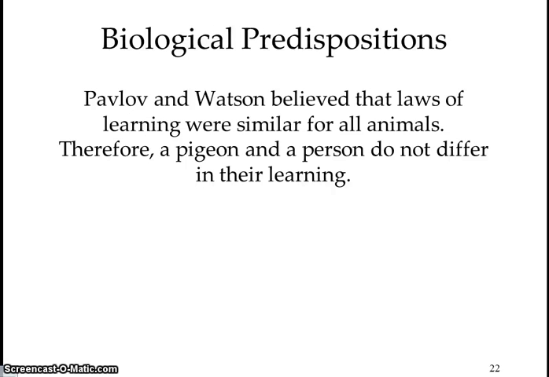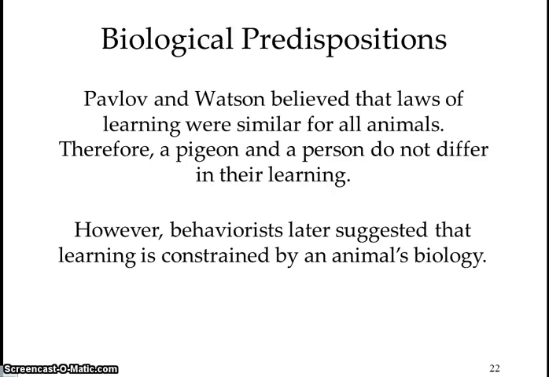So, biological predisposition. Pavlov and Watson believed that laws of learning were similar for all animals. Therefore, a pigeon and a person do not differ in their thinking. This is how scientific their thinking gets: they believe that animals and people don't really differ in how they actually learn, and they're going to train animals to do this kind of stuff. Skinner is really the one that's known for training the pigeon.